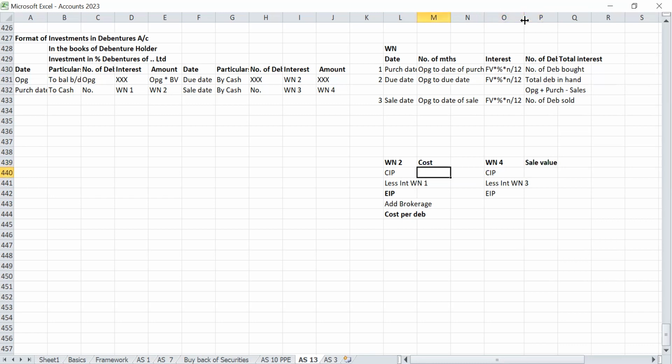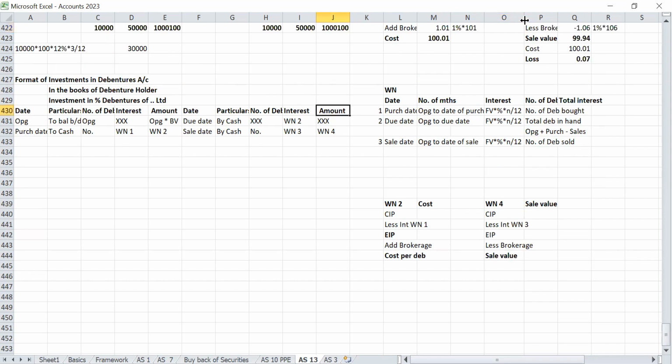In cost, we add brokerage. In sale value, we deduct brokerage, because if you sell a debenture you will receive the price, but you have to pay brokerage, so you offset both. This will be the sale value per debenture; into number of debentures sold gives this amount.